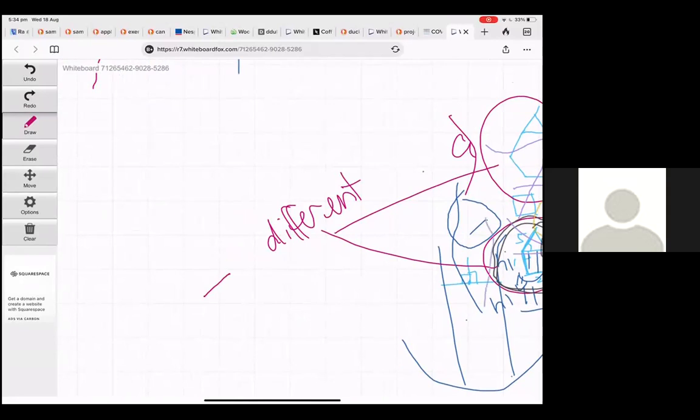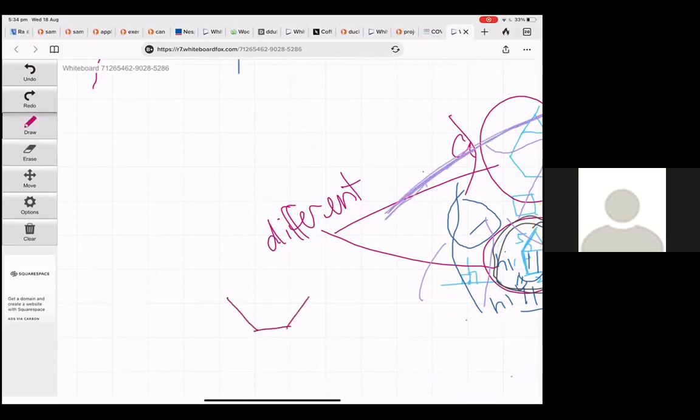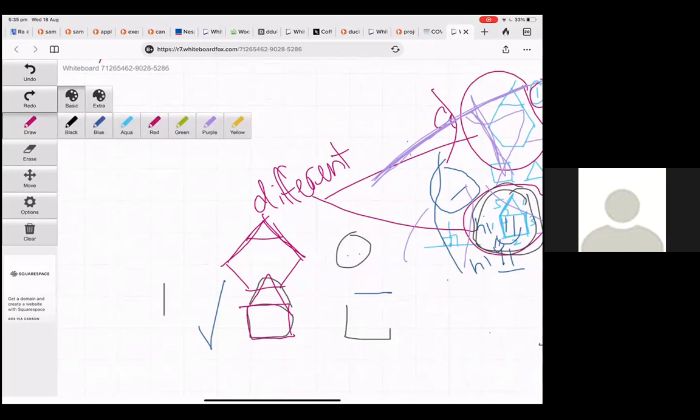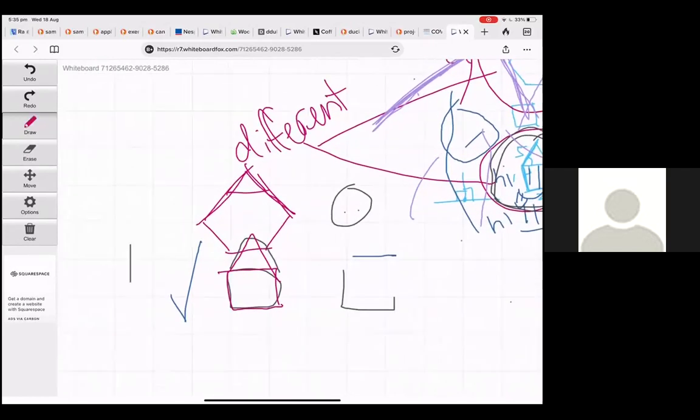We have the hexagon. So we had this one, and then we also had where these are just straight lines, and this one also. Why are they different from each other? What's the difference between them?